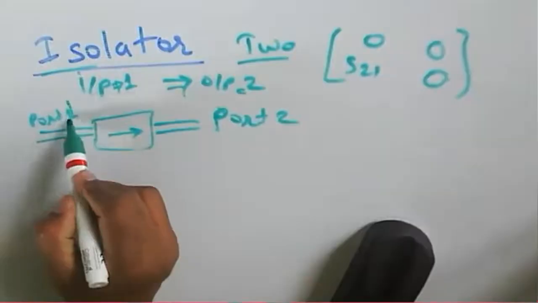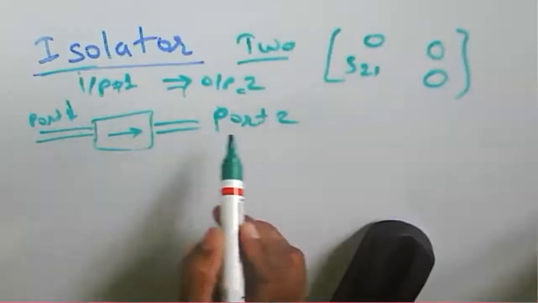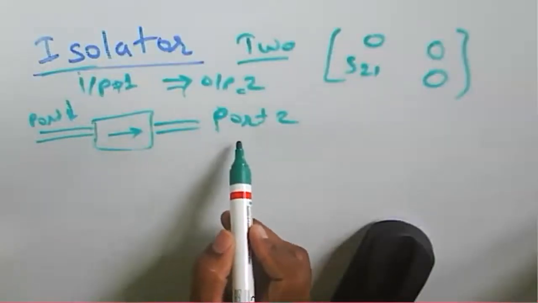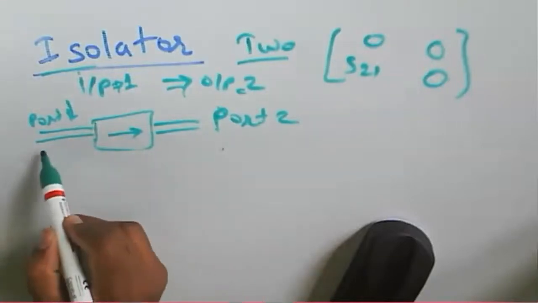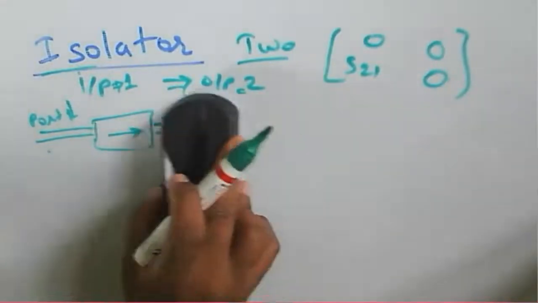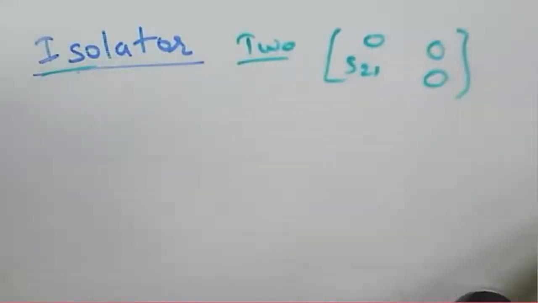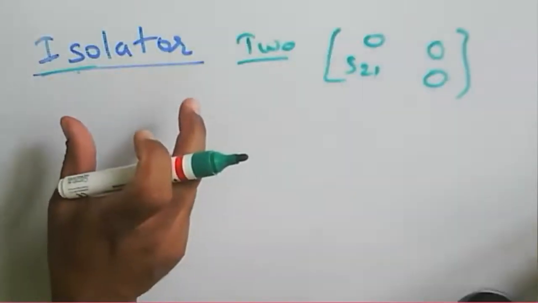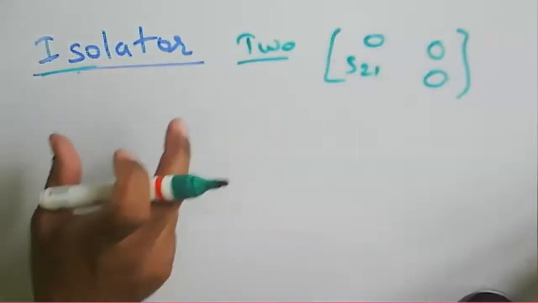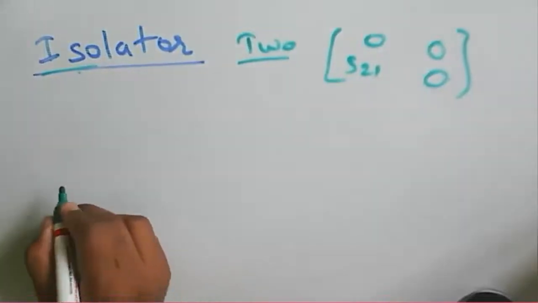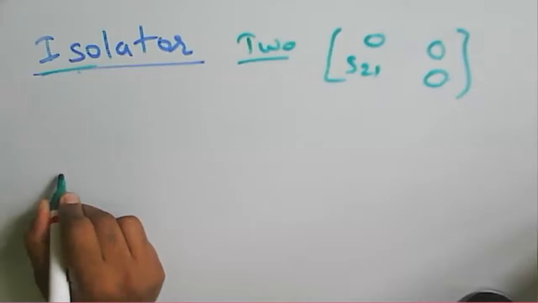If input is provided at port 1, power will be available at port 2. If we provide the input to port 2, power will not be available at port 1. So only in one direction will power be coupled. Now see how the isolator component is constructed.